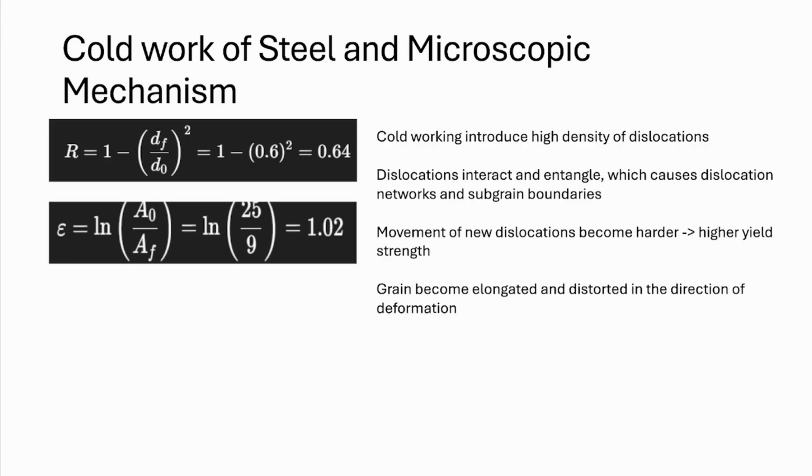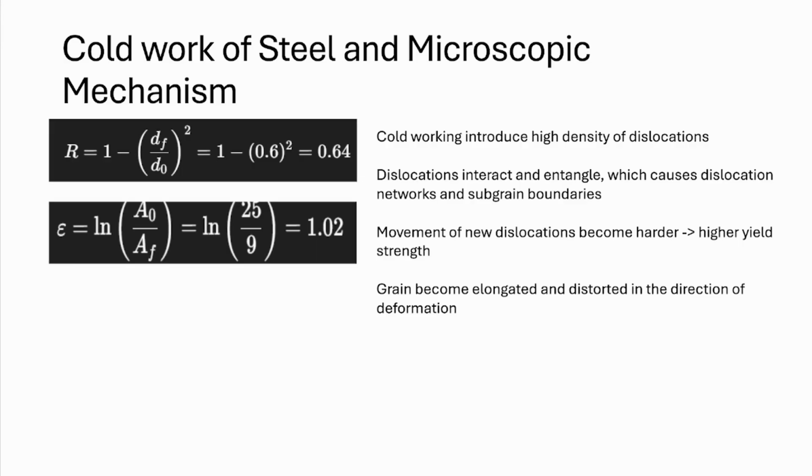In this case, R would be equal to 1 minus the final diameter over the initial diameter, squared, equals 1 minus 0.6 squared, which would equal 0.64. The next equation is the equation for true strain, which would be the natural log of the initial cross-sectional area over the final cross-sectional area, which equals the natural log of 25 over 9, which would equal 1.02. Now, these numbers are just examples to show what the equation would look like when used.